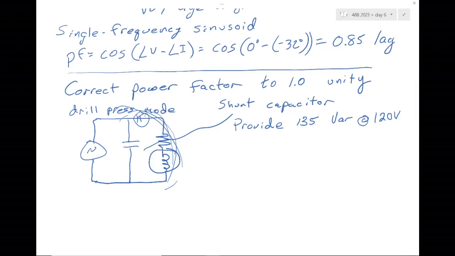What capacitor is that? We can calculate the current in the capacitor. IC is 135 VARs over voltage, 120.2.